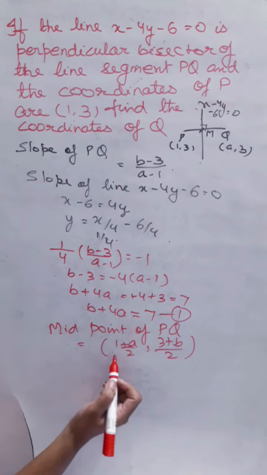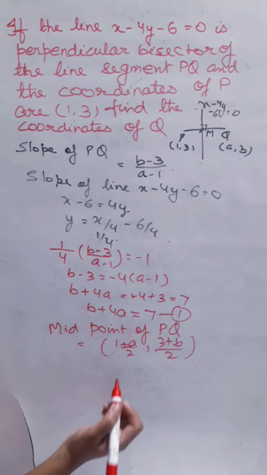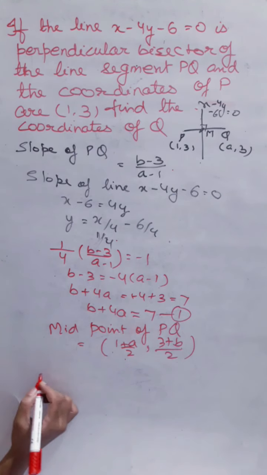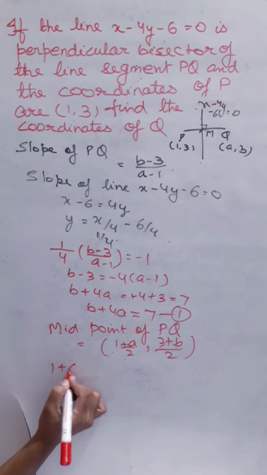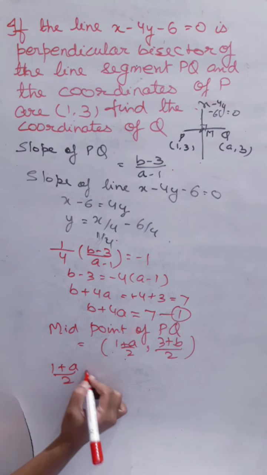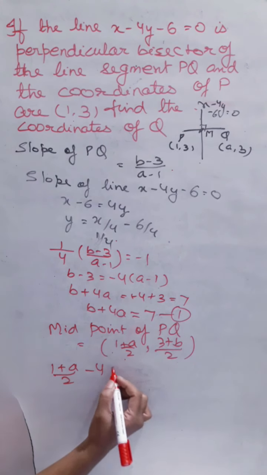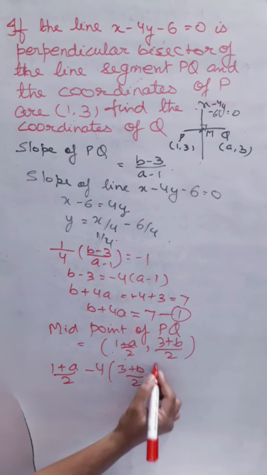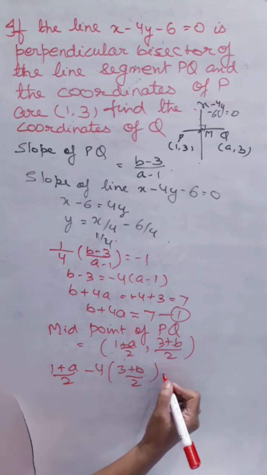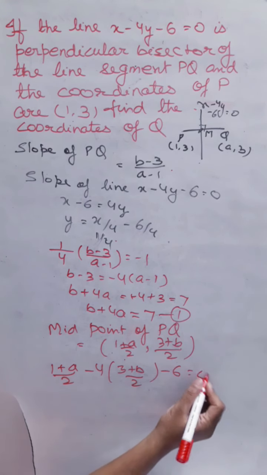Now this midpoint also lies on that line, so it will satisfy that line's equation. So in place of x, I write (1 + a)/2, minus 4 times y, in place of y I write (3 + b)/2, minus 6 equals 0.